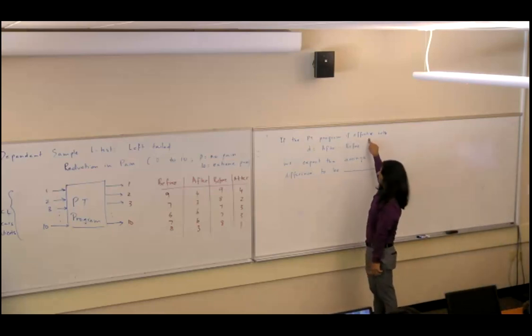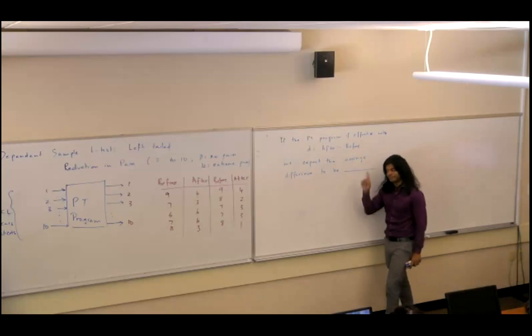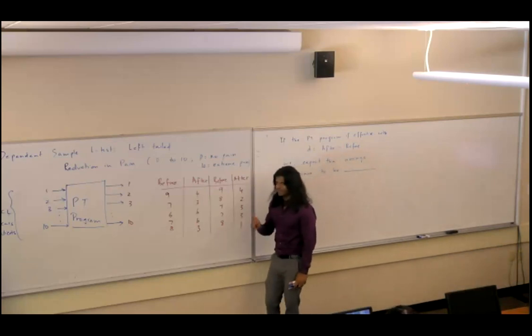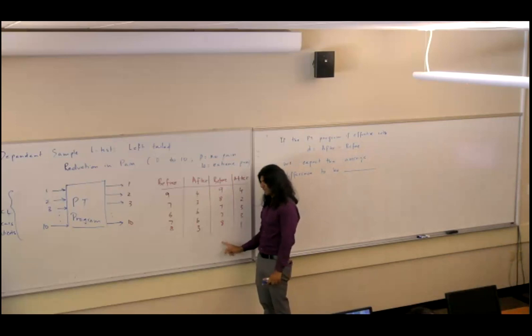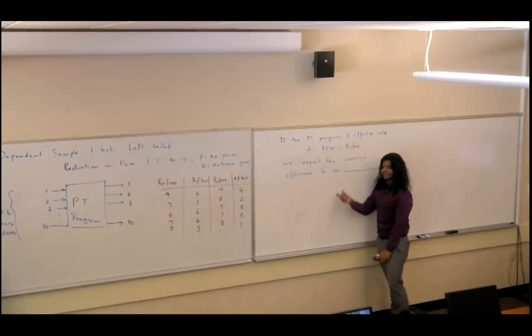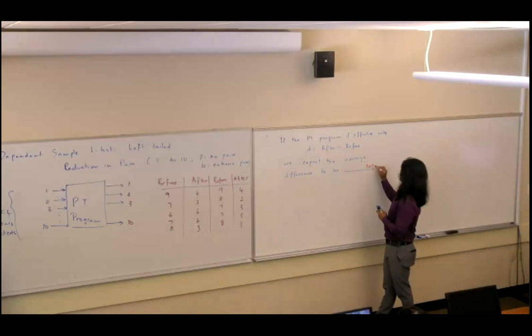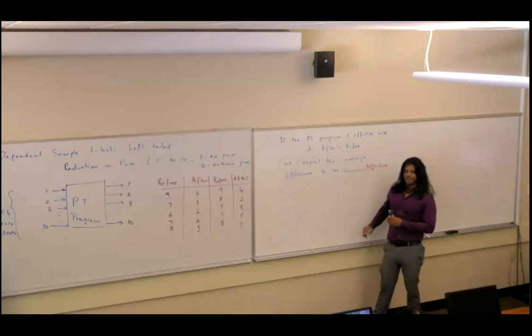Keyword: average difference, because we're not looking at just one person, we are looking at 10 people. The average difference has to be negative. I left a space there. Who can fill that in for me?